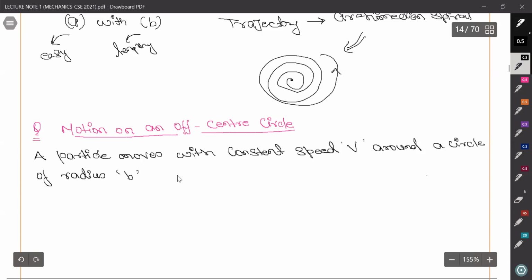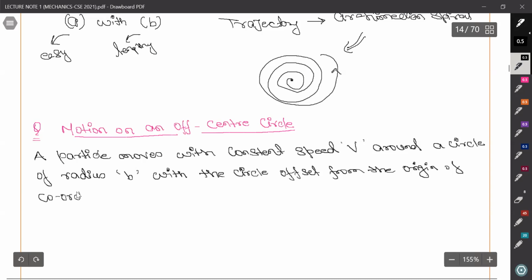So b is the radius of the circle, with the circle offset from the origin of coordinates by the same distance b, that is the radius of the circle.